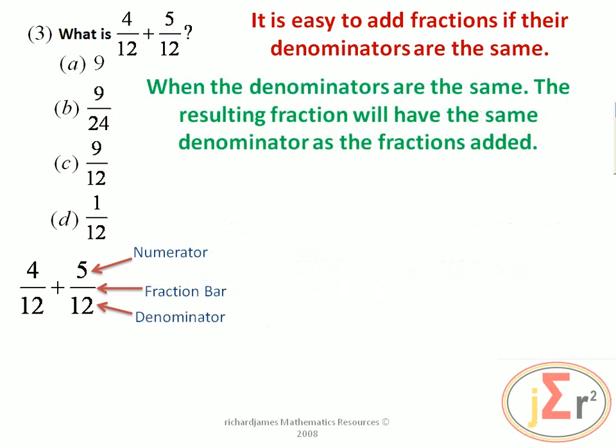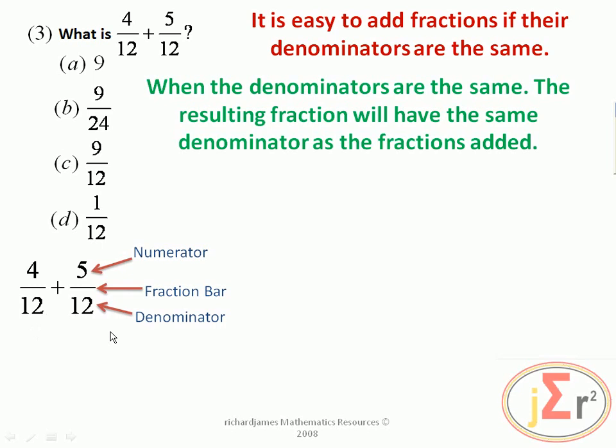Okay, so the addition should be straightforward. When the denominators are the same, the resulting fraction will have the same denominator as the fractions added. So when we are adding, we already know the denominator of the answer, because it will be the same as the denominators that we have here.